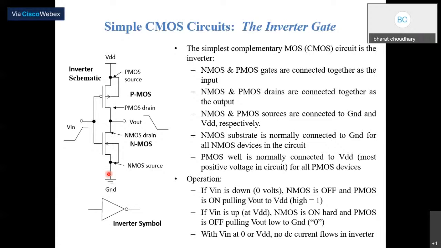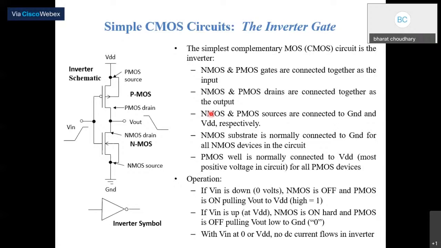Similarly, for NMOS transistors, the source and substrate terminals are connected to the lowest supply, that is ground, the zero potential, because there is a requirement to eliminate this body bias effect.